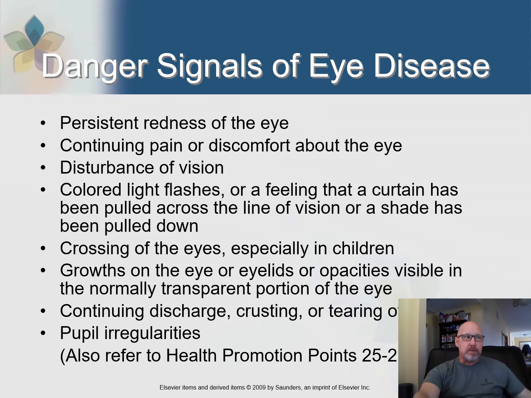You shouldn't be experiencing double vision or halos or color flashes or persistent floaties. Those are all signs and symptoms that there's something going on. For young children, crossing of the eyes is a huge indicator. Any type of growth on the eye or eyelid itself, discharge, crossing, tearing, these all need to be looked at by a healthcare provider in a timely manner.